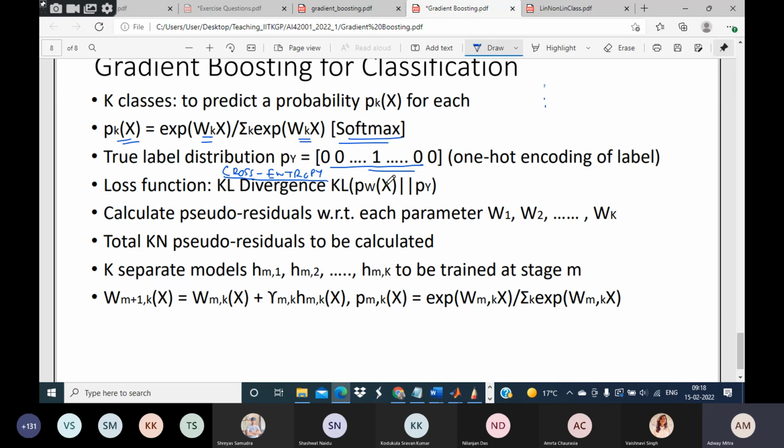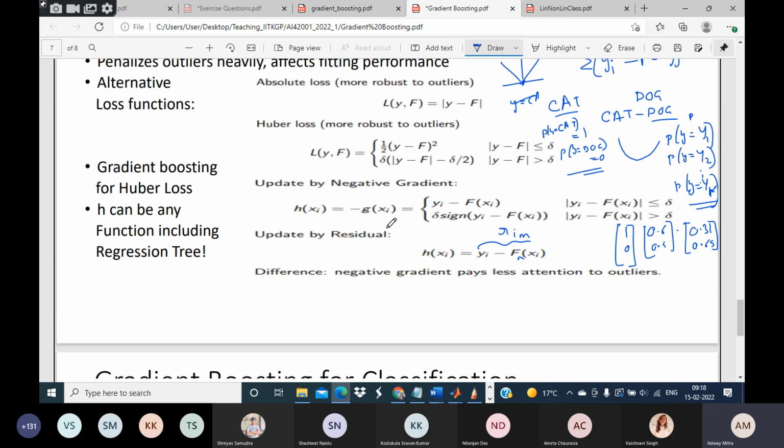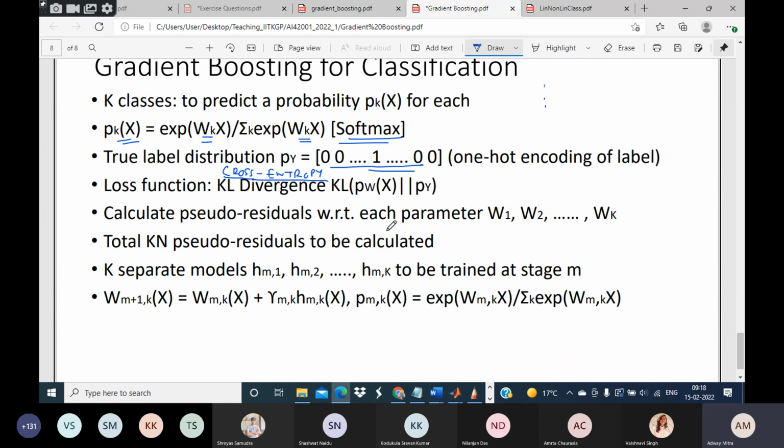When you are calculating the pseudo likelihood, by taking the gradient of the loss function, you will have to take the gradient with respect to all of these, that is all of W1, W2 up to WK. So your model will have lots of parameters, one parameter for every class.